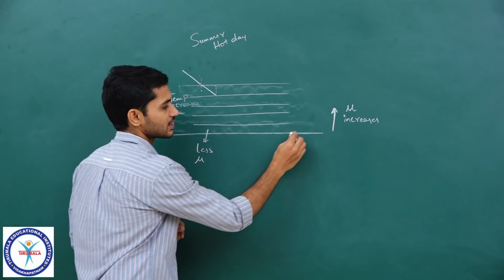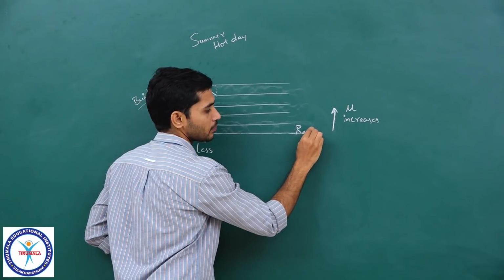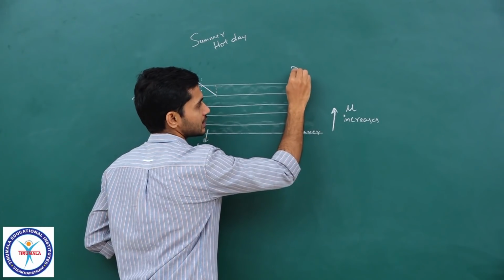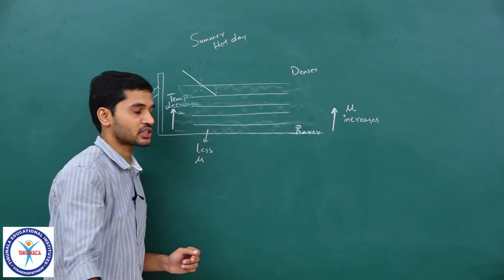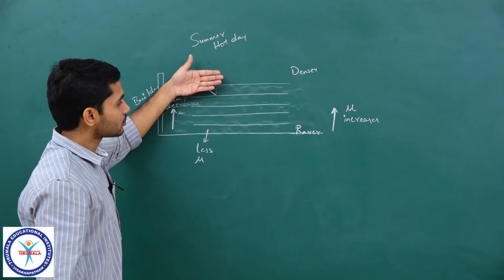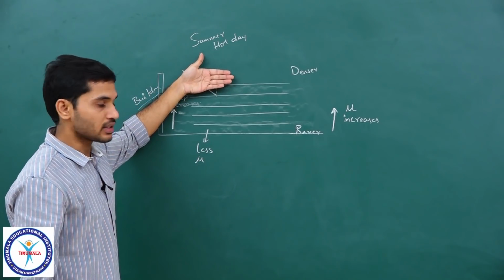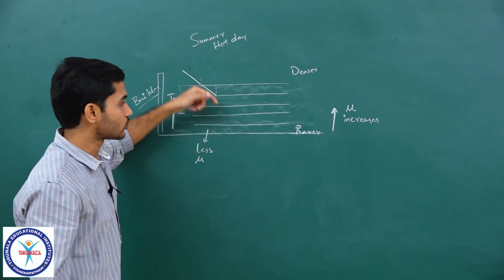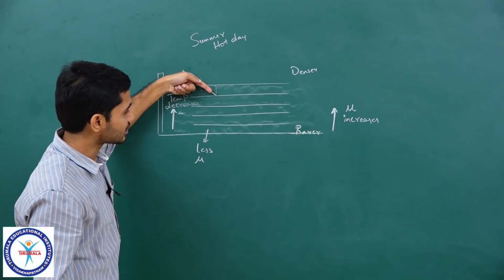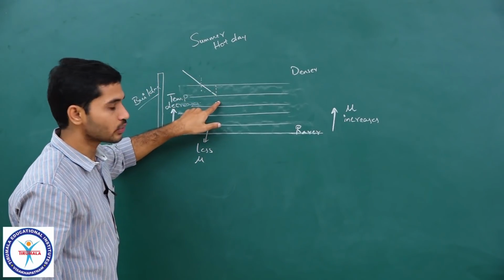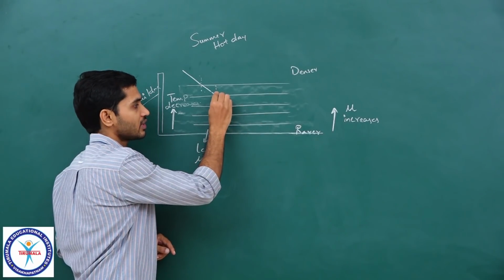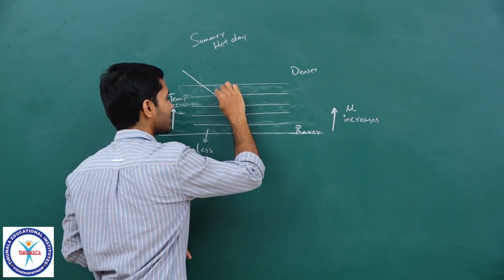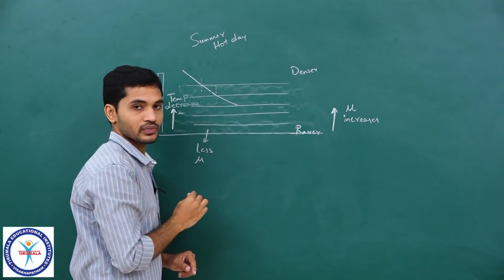Remember that this is the rarer medium and this is the denser medium, right, because mu is increasing in this direction. So, every medium above is denser when compared to the medium below. So, this light ray is travelling from denser into rarer, correct. So, it goes away from normal. Even here you can say that the light ray slightly bends away from normal once again, clear.